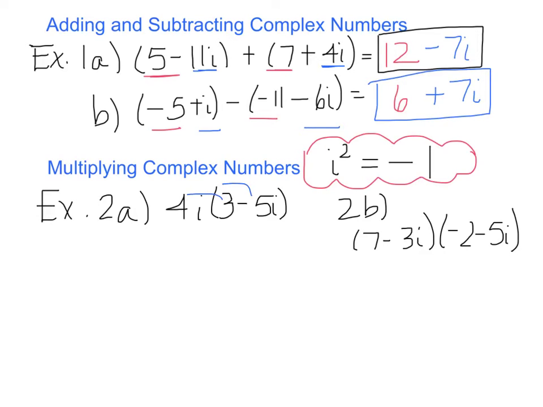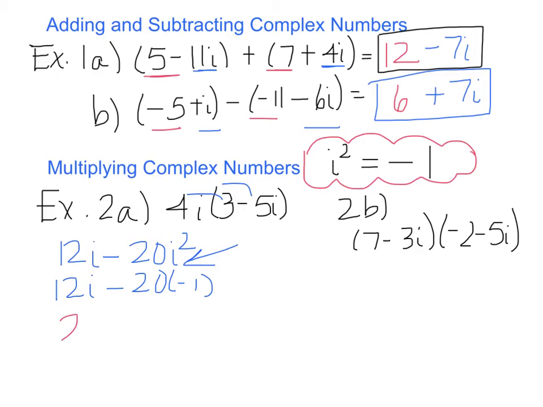Just distribute to both, and you'll get 12i minus 20i squared. And there's that i squared, so don't forget to change it. So you have 12i minus 20 times negative 1. So that'll make that positive 20. So when you write your answer, you write the real number first. And there you go.